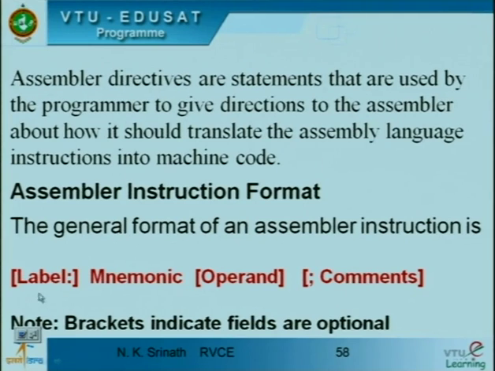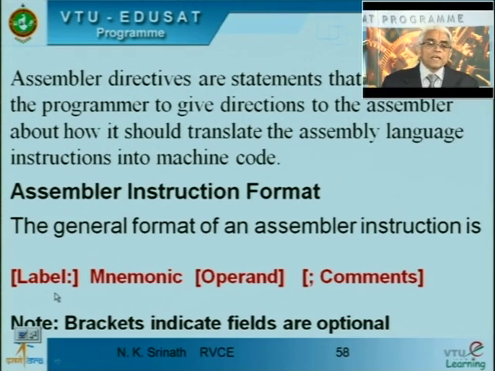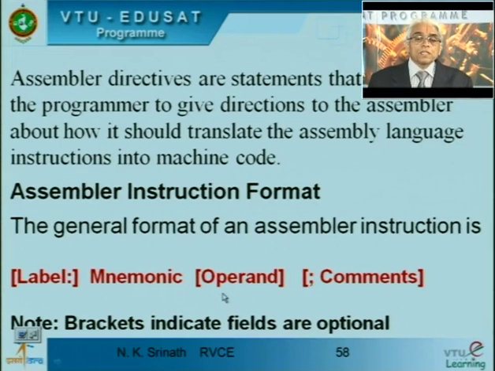It means that all instructions need not have a label, and when you have a label we have label colon, and if you are using directives then we do not require the colon, we just write the label. When you talk about mnemonics, some mnemonics have operands, some mnemonics do not have operands.